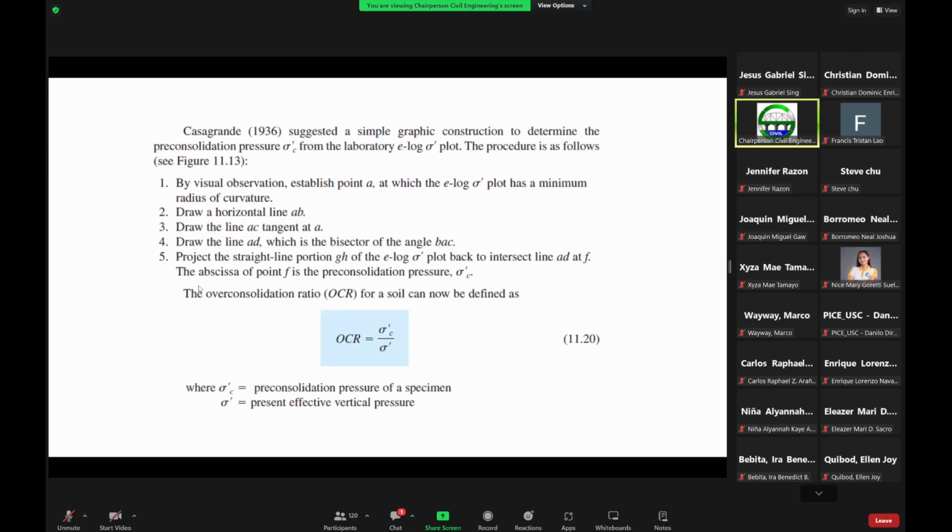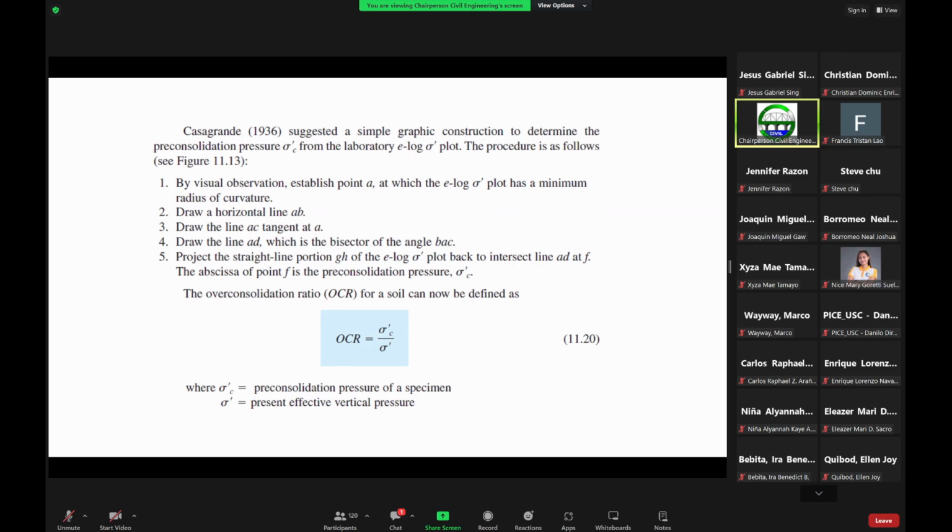The over consolidation ratio, or OCR, for a soil can be defined as the ratio of the pre-consolidation pressure of a specimen over the present effective vertical pressure, wherein the present effective vertical pressure can be calculated by the unit weight of the soil multiplied by the height of the soil.